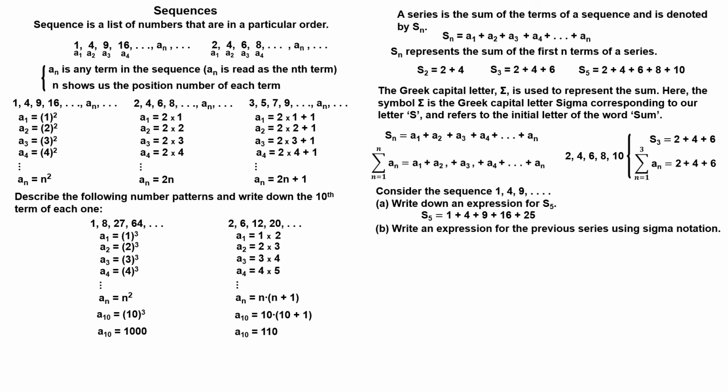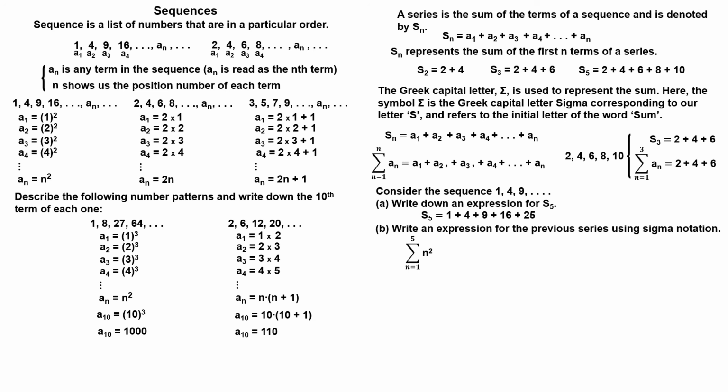To write a series using sigma notation, we need the general term formula. In this sequence, the general term formula is n squared. This expression means add up the values n squared from n equals 1 to n equals 5.